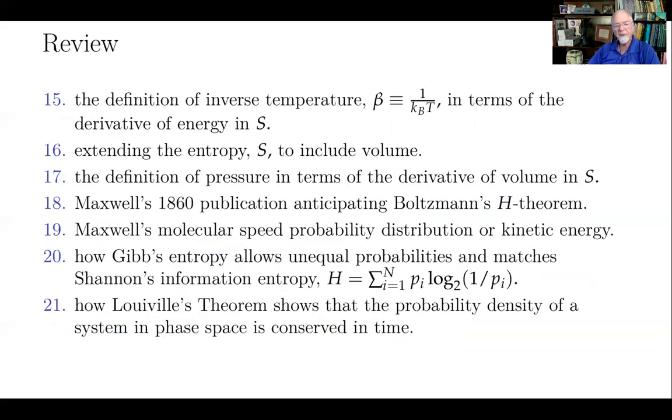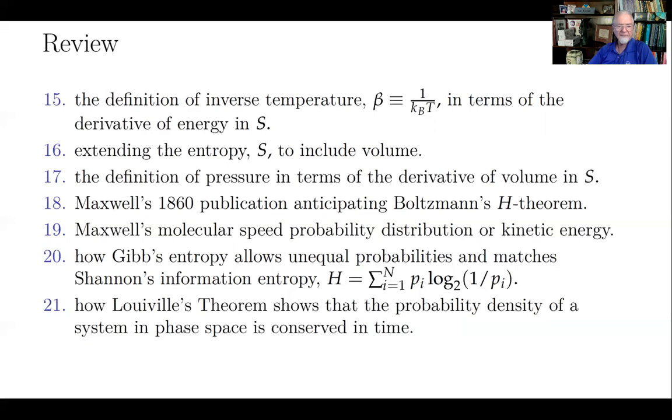Using that, we were able to define what temperature meant in terms of statistical mechanics. That is, there is a constant in the probabilities called beta, and beta is 1 over the Boltzmann constant times the temperature. It is the derivative of the entropy state function with respect to energy.